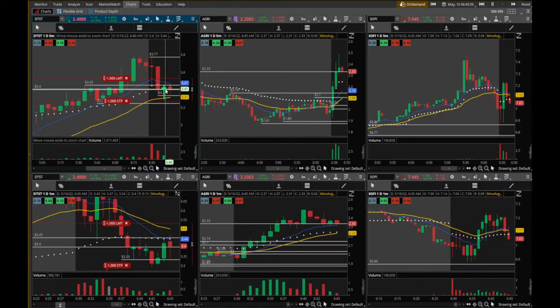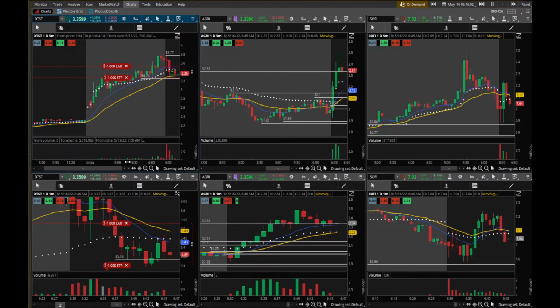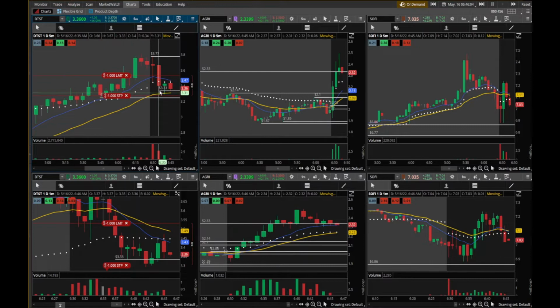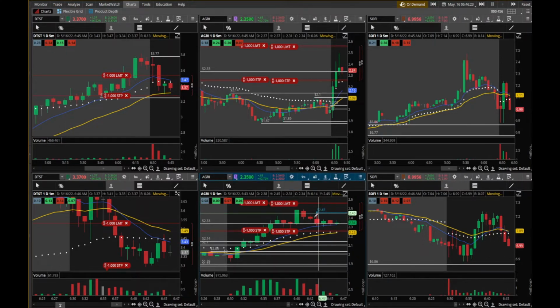Going to get rid of some of these lines so that we can actually see what's happening. Okay, 2.34 appears to be holding over here on Agri, so I'm going to hop in a couple of times and see if we can get a move towards the highs.